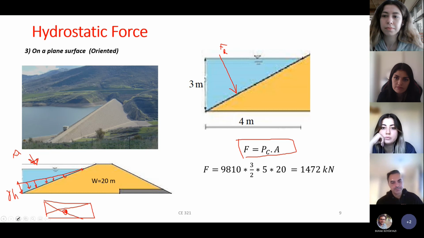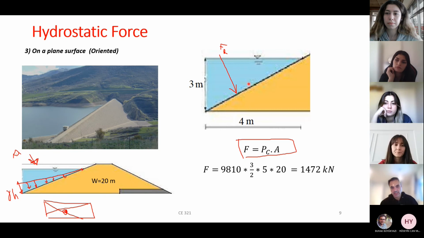FR equals PC, pressure at centroid, times area. Which area? This area. And where is the location of the centroid? It is the middle. Look, pressure at the middle could be here.